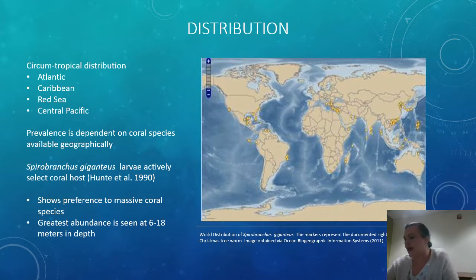They found that S. giganteus prefers massive coral species, and Dai and Yang 1995 proposed that this might be that massive species of corals have a longer lifespan. With also in consideration of that, we found that mean worm density is greatest at 6 to 18 meters in depth. So you'll see the greatest aggregation of these worms on corals at 6 to 18 meters in depth.